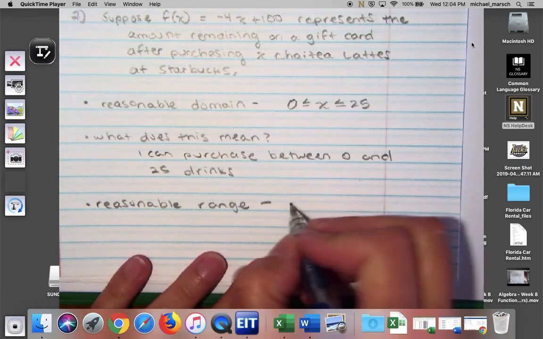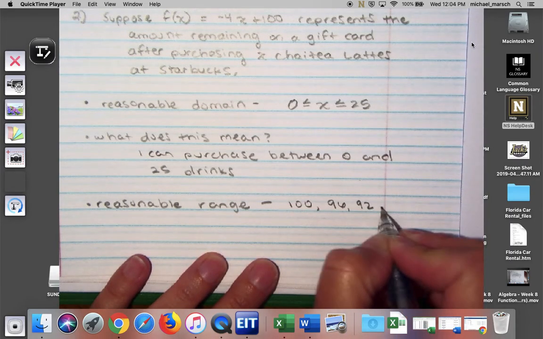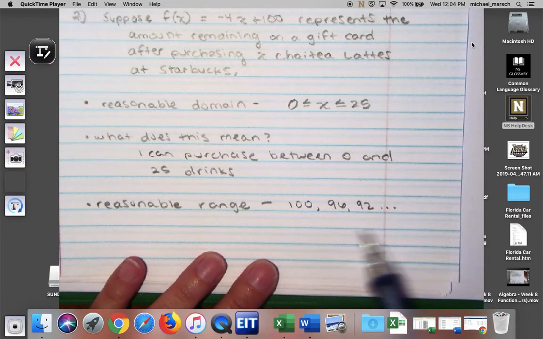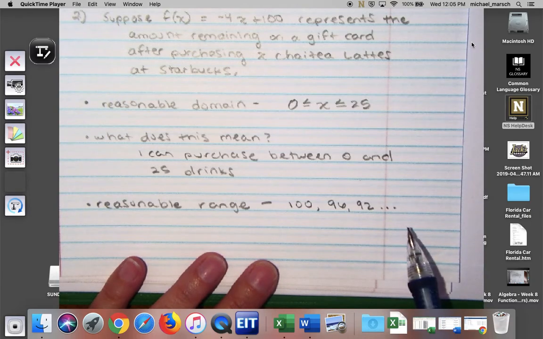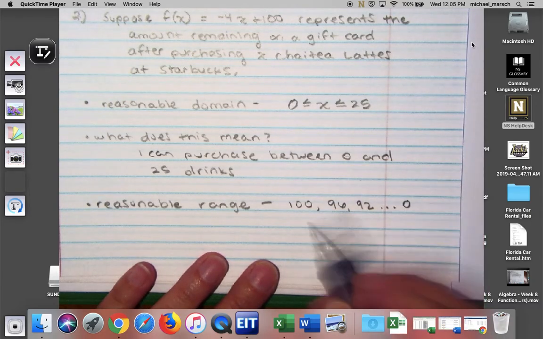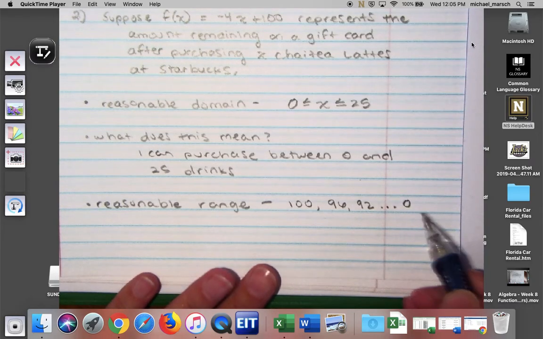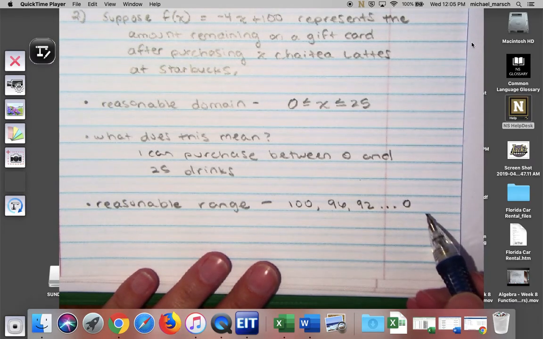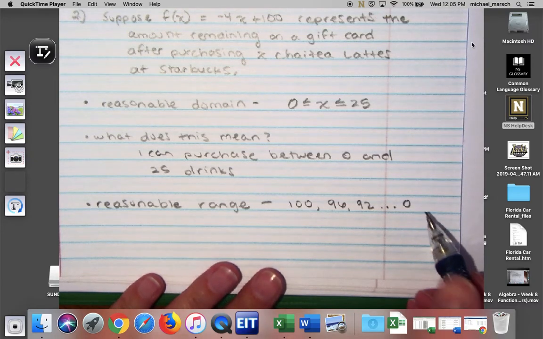Yeah. So I could start out with $100, and then 96, and then 92. I just have to establish a pattern. I'm not going to make you write out all 25 potential balances. You just show me that there's a pattern, dot, dot, dot, all the way down to 0, which is when you have to reload your card and you feel bad for like 2 seconds, and then you get your drink and you don't feel bad anymore, right?